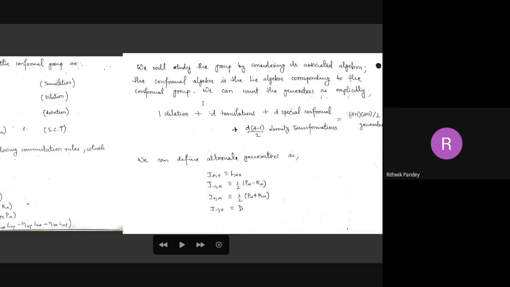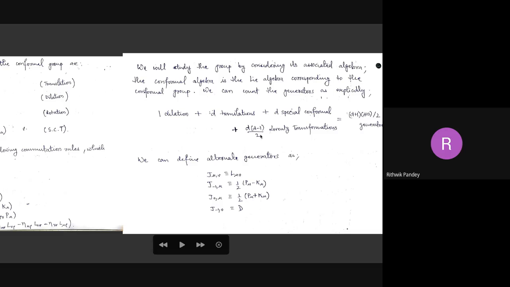That is very easy to count. Dilation has only one generator, the alpha times the thing which we scale with. Translations have D generators. Special conformal transformations are also characterized by a vector b mu, so they also have D generators.